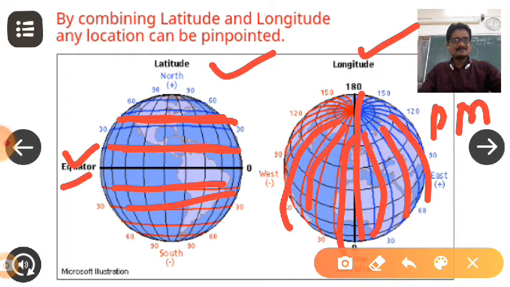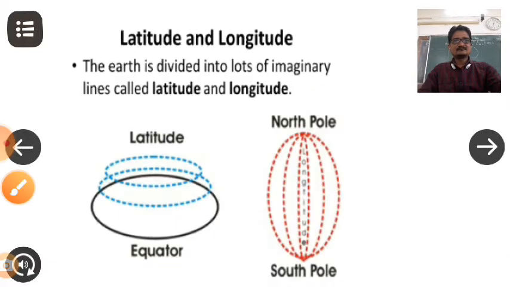We can find out the location of any place on the earth by combining latitude and longitude. So these are latitude and these are longitude.